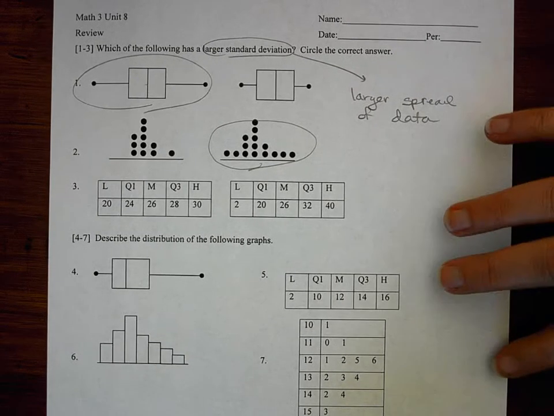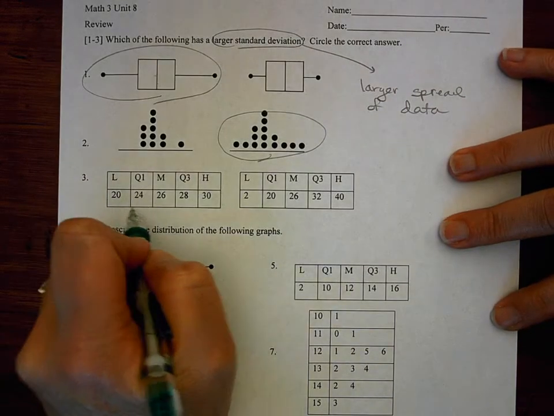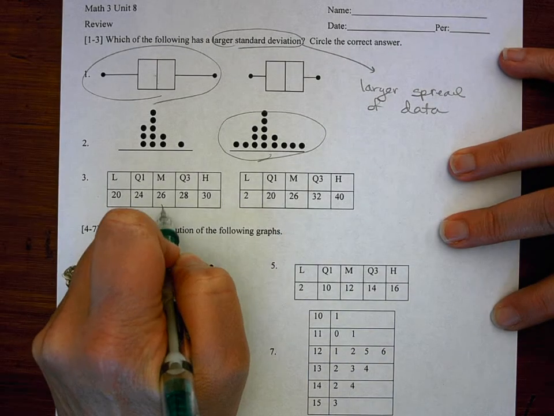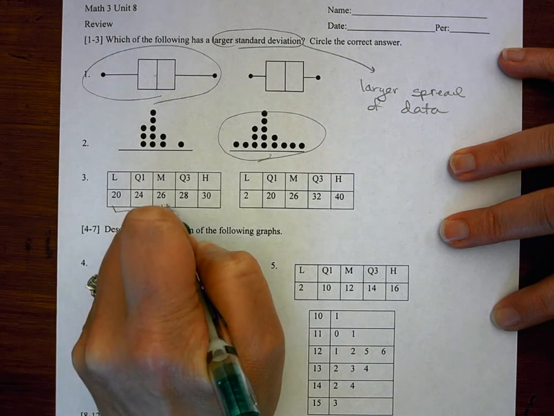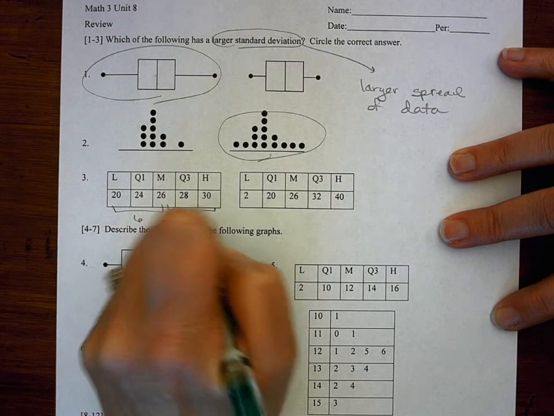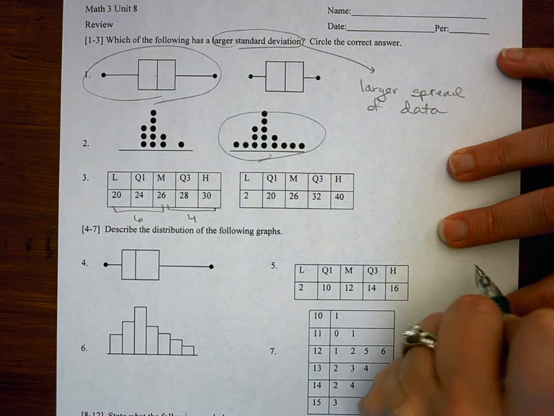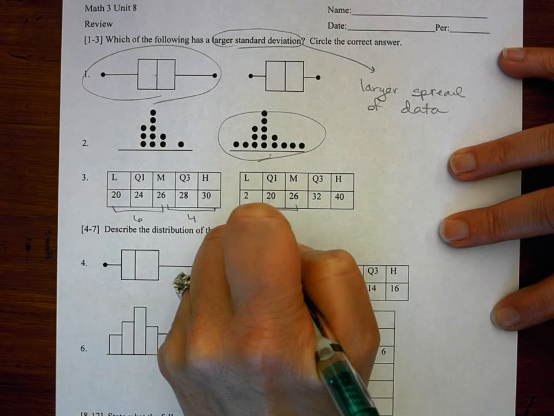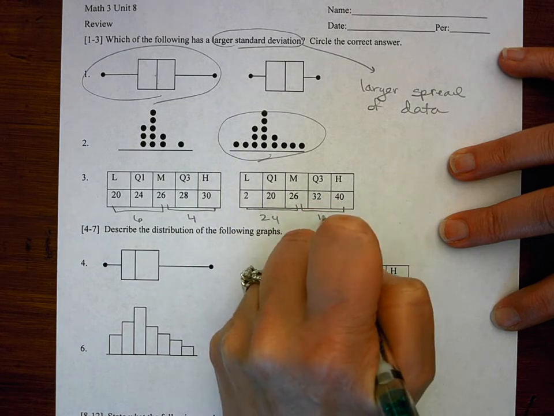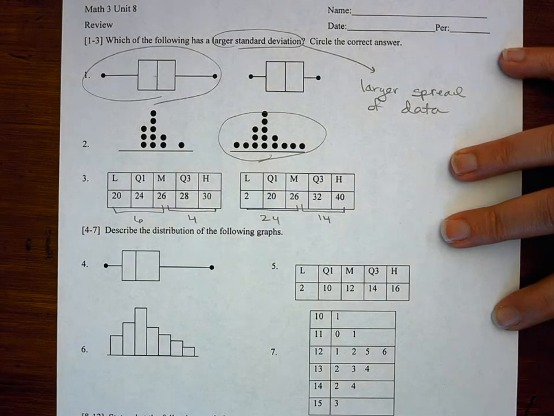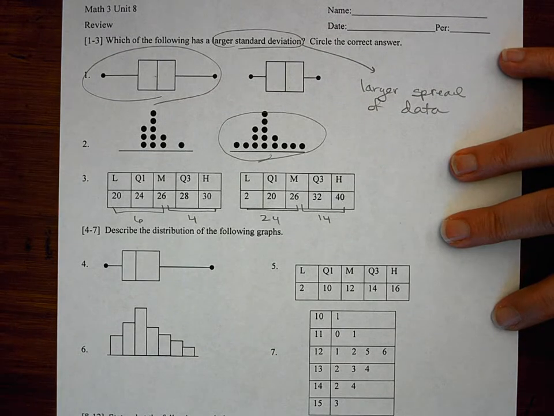To tell on my 5-number summary, let's look at how far apart the median is to the low, and the median to the high. Which one has a bigger gap?